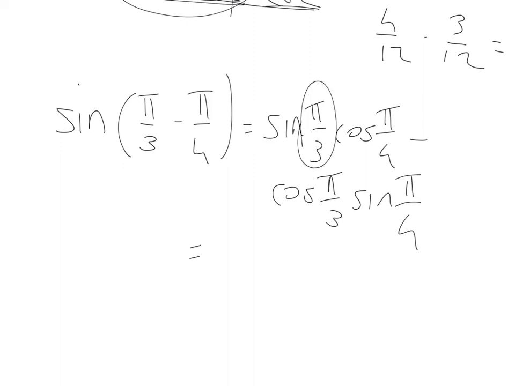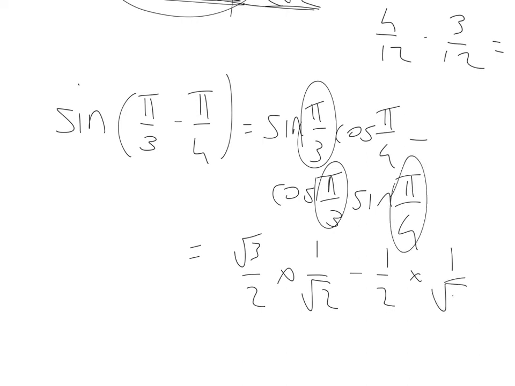So sin of 60 is √3/2 multiplied by cos 45, 1/√2, minus cos of 60 is 1/2 multiplied by sin of 45, which is 1/√2.